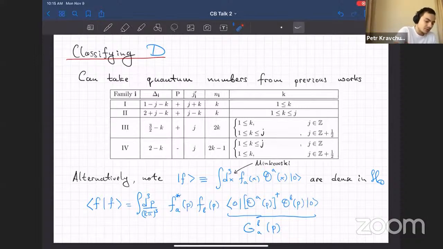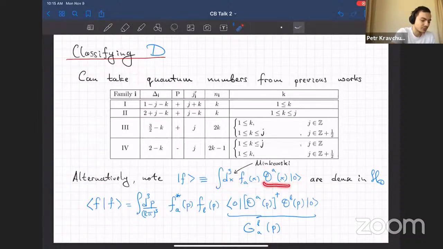The way we create states in the usual quantum field theory is that we take local operators in Minkowski signature, Lorentzian signature, integrate them over Minkowski space with some test functions and act on the vacuum. Provided that this is a smooth test function, this creates finite norm states, and these finite norm states are dense in the Hilbert space.